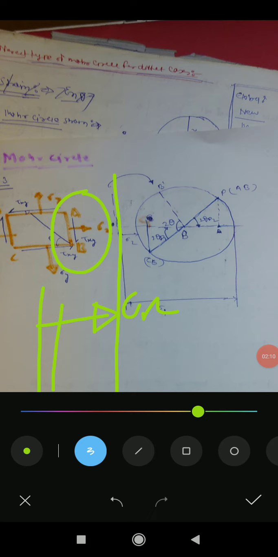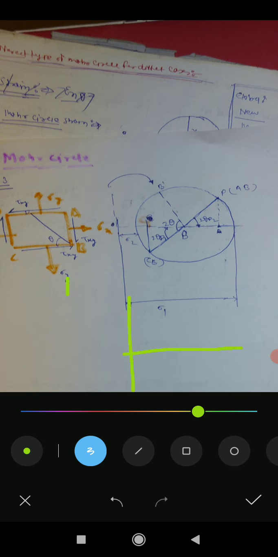So from origin we will go this much, sigma x. Let's say this is origin. From origin we will go till sigma x.